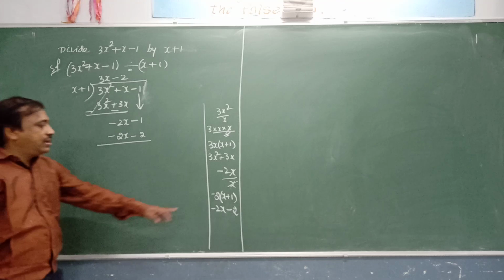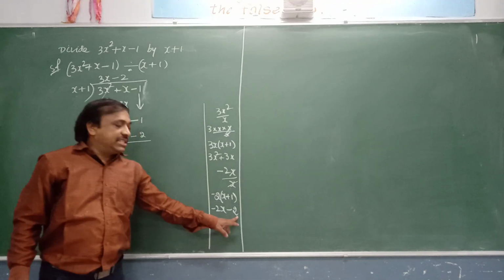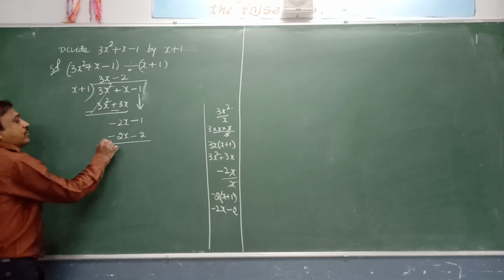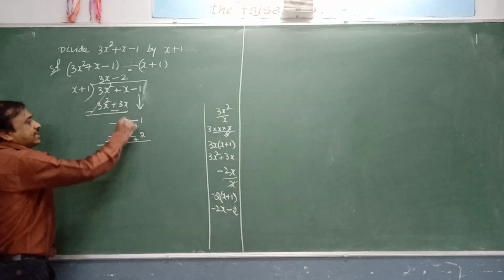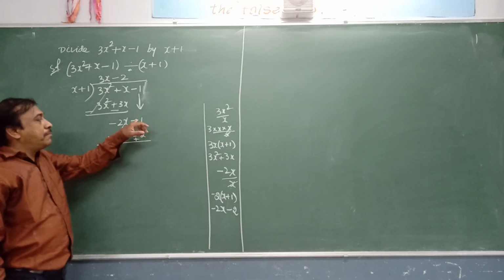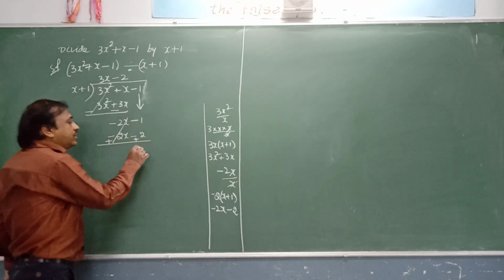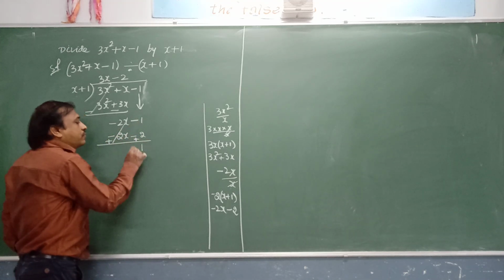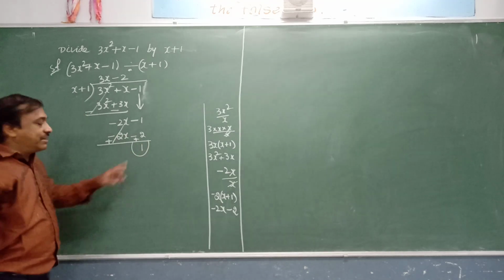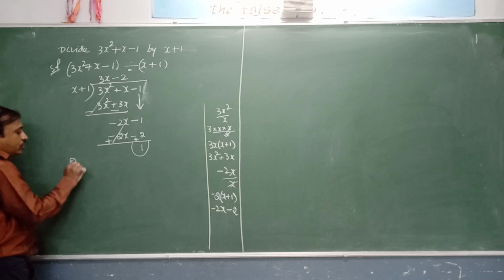Now we subtract: minus into plus gives plus, and the 2x terms cancel. Minus 1 plus 2 gives plus 1. This is the remainder. So we have obtained the quotient.